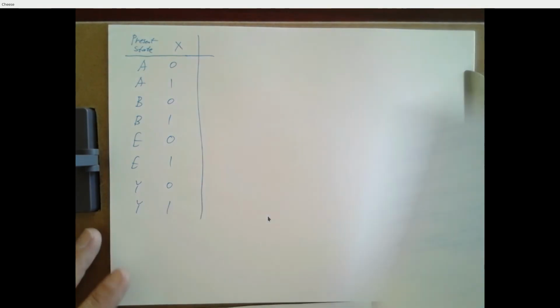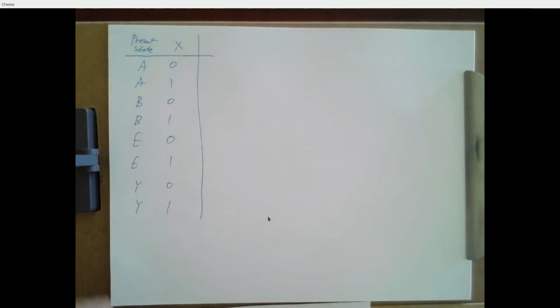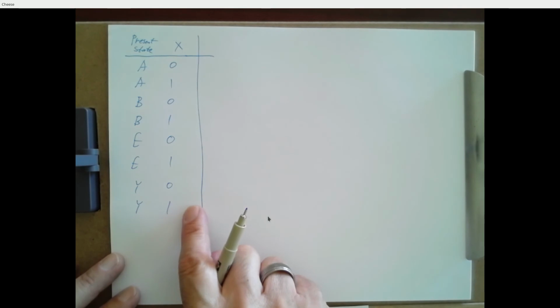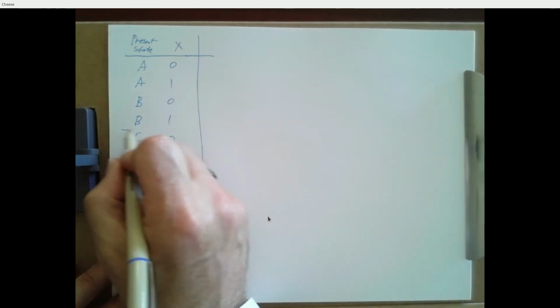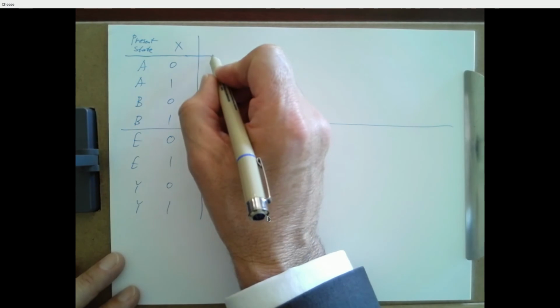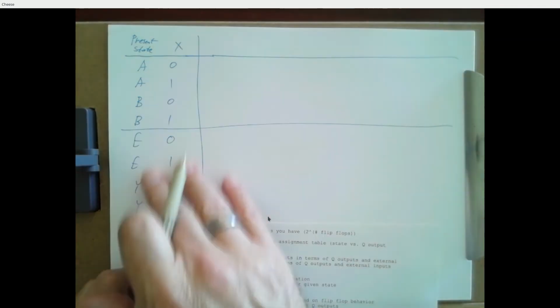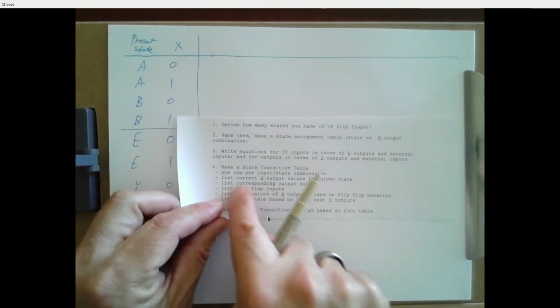Your goal is just to make sure you've listed all the combinations of state and input variables. So 4 states, 1 input, and I just break them into 4s to keep things lined up better. Okay, so those are going to be the 8 rows of our transition table.